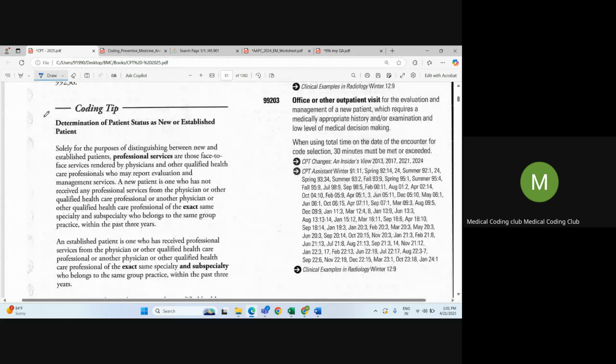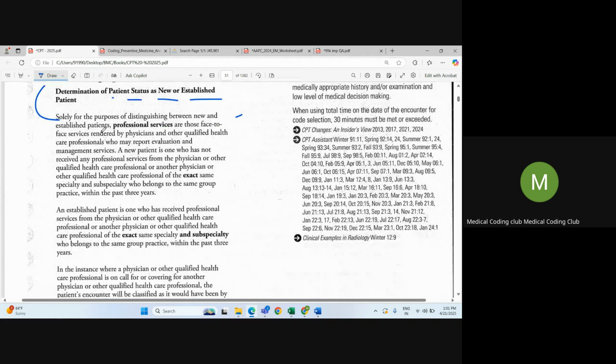So you can see here how to determine the patient status as new or established. A new patient is one who has not received any professional service from the physician or other qualified healthcare professional, or another physician of the exact same specialty and subspecialty who belongs to the same group practice, within the past 3 years.